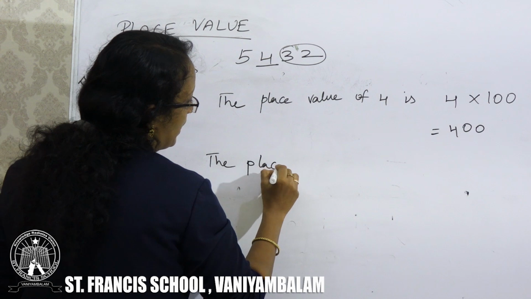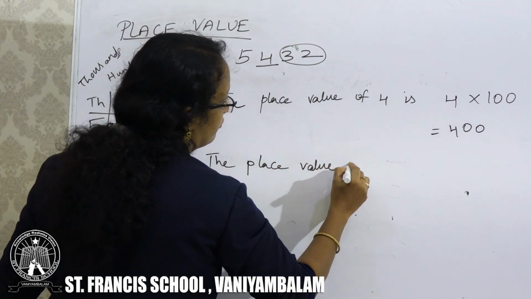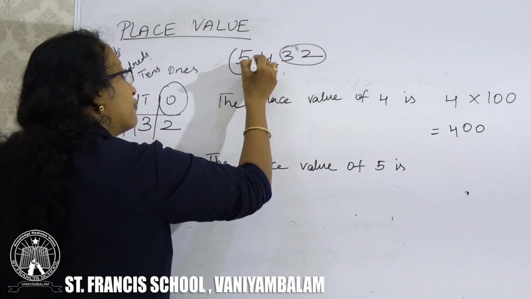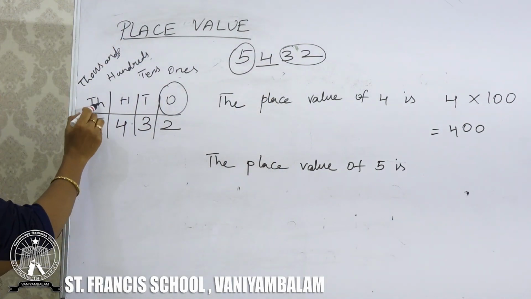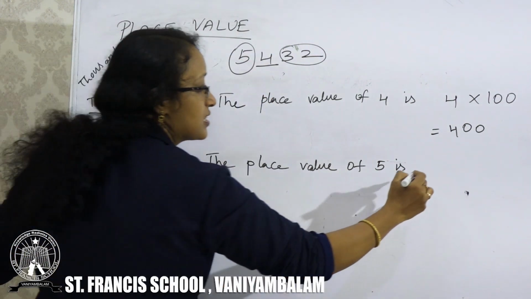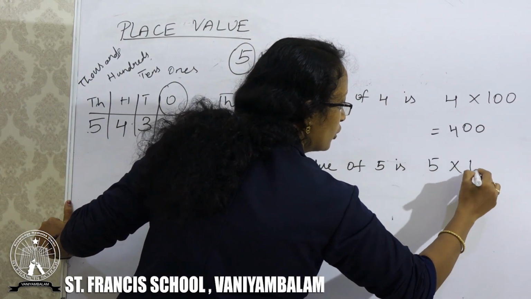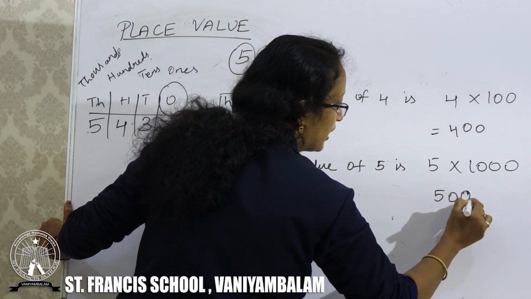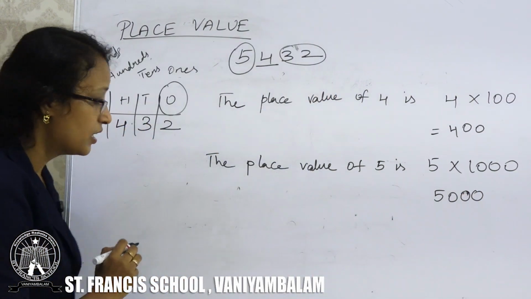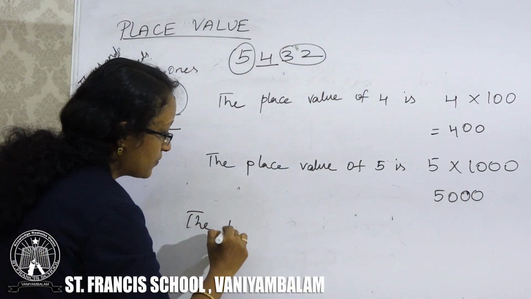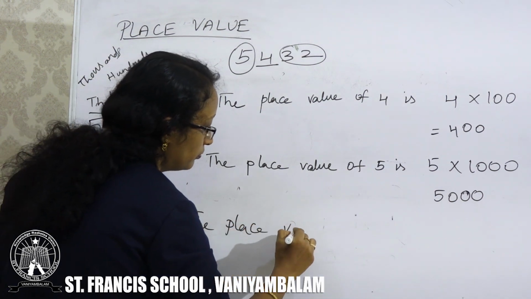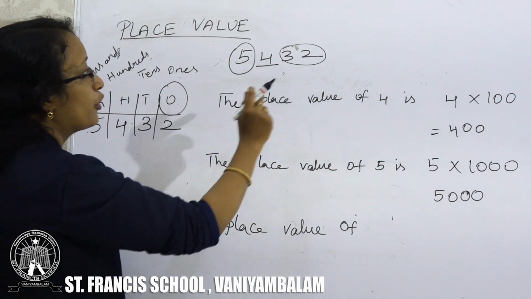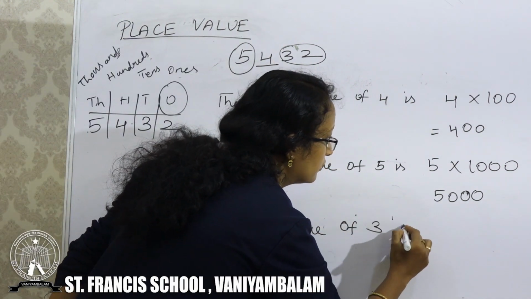Next. How will you find the place value of 5? The place value of 5 is, where 5 lies? 5 lies in the thousands place. So 5 into 1000. 5 into 1000 is 5000. Right? Next, I am going to find the place value of 3.